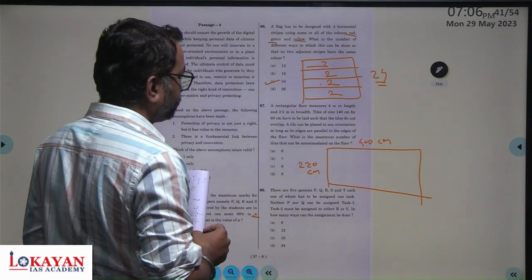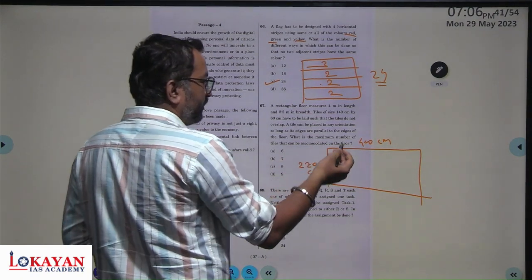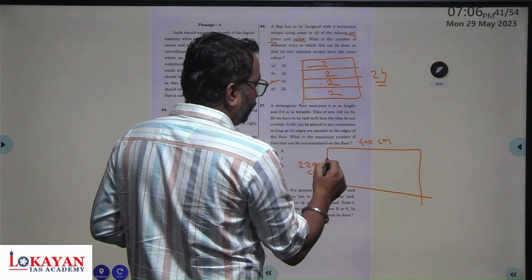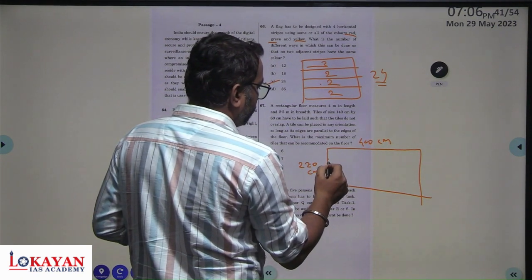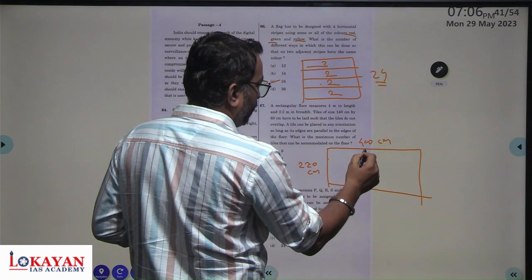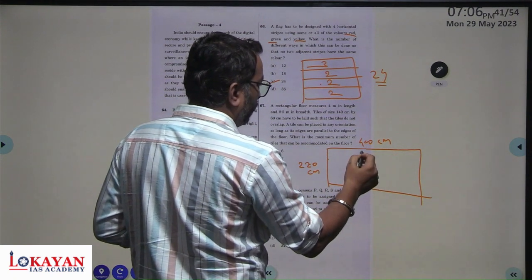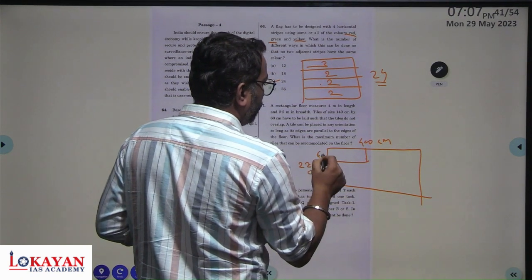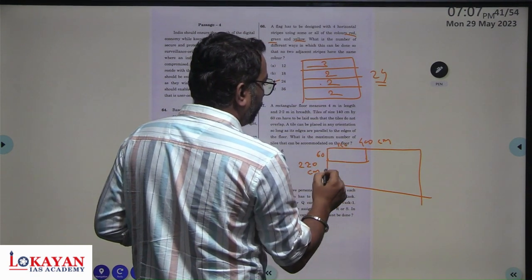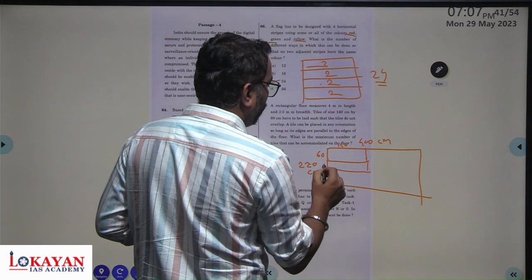Right? See, let's try. This is first tile, 60, 140. Okay, 140, 280. Right. This is 60, this is 140. Right? This is 60, this is 140.